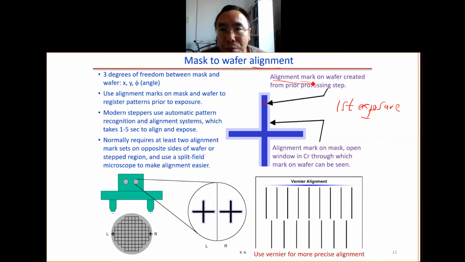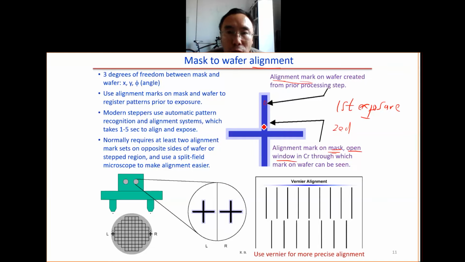So this is an alignment mark. This is on the wafer, created from the previous process step. Then on the second exposure, the mask has an opening, the left color opening, an open window. From this open window, we can see the previous alignment mark.